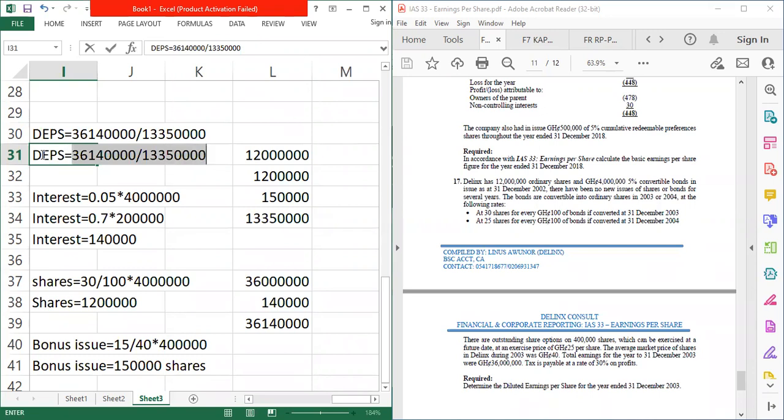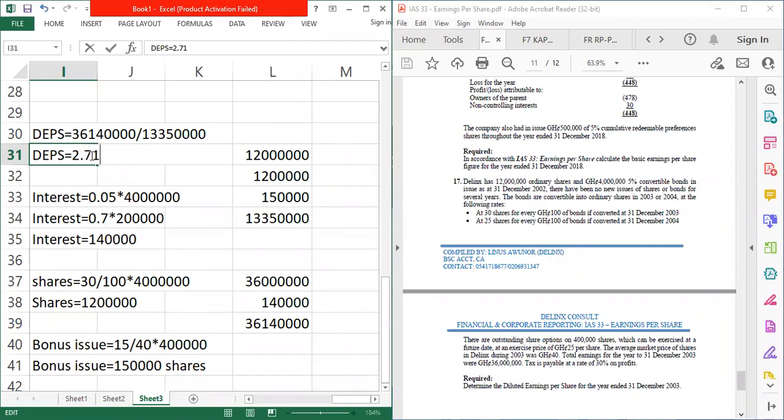What are we having? 2.71. Since you are not having decimals, just make it 2.71.